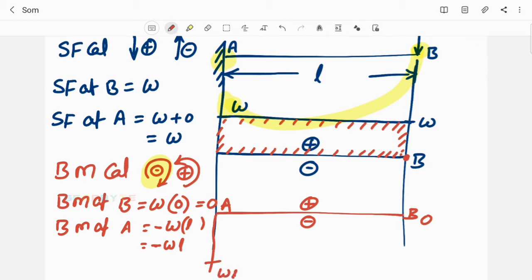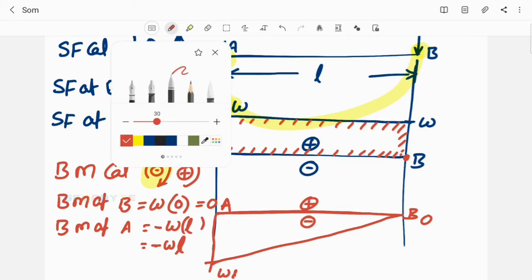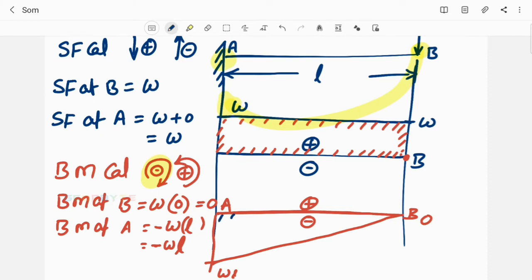The bending moment is linearly varying because bending moment is a linear function of distance, W into L. Therefore, the bending moment diagram is looking like a triangle. Remember, if a cantilever beam has a point load at its free end, the shear force diagram is looking like a rectangle and the bending moment diagram is looking like a triangle.